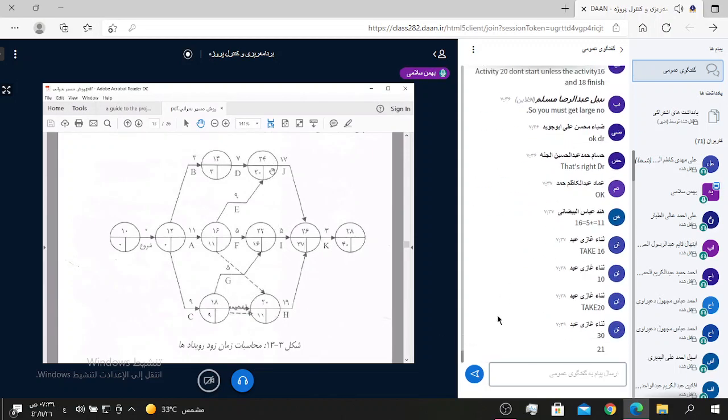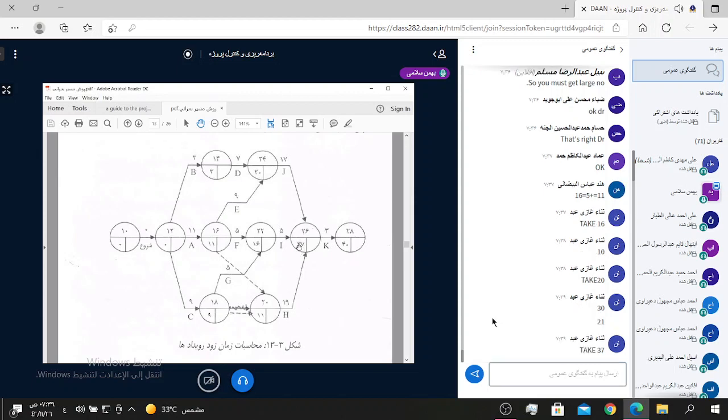Node 24, 20 plus 17 equals 37. And the ES for node 26 is 37. And for node 28, the last node, 37 plus 3 equals 40.